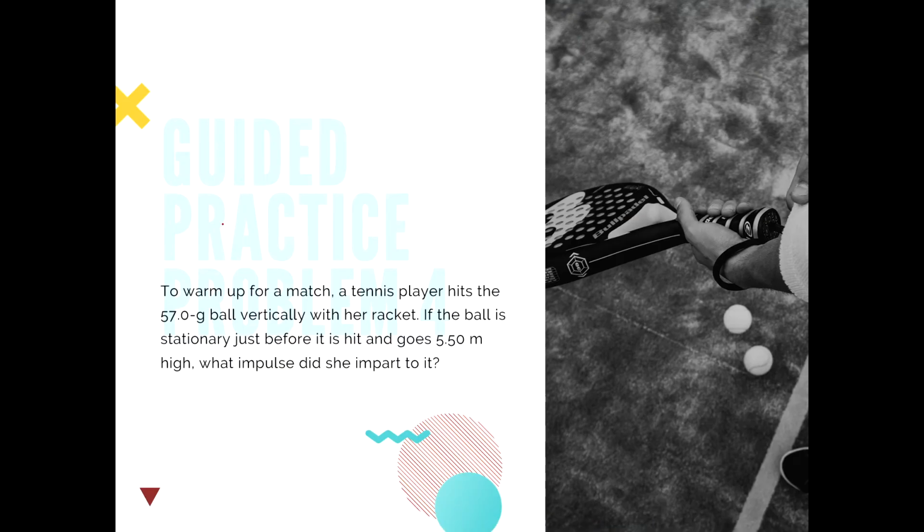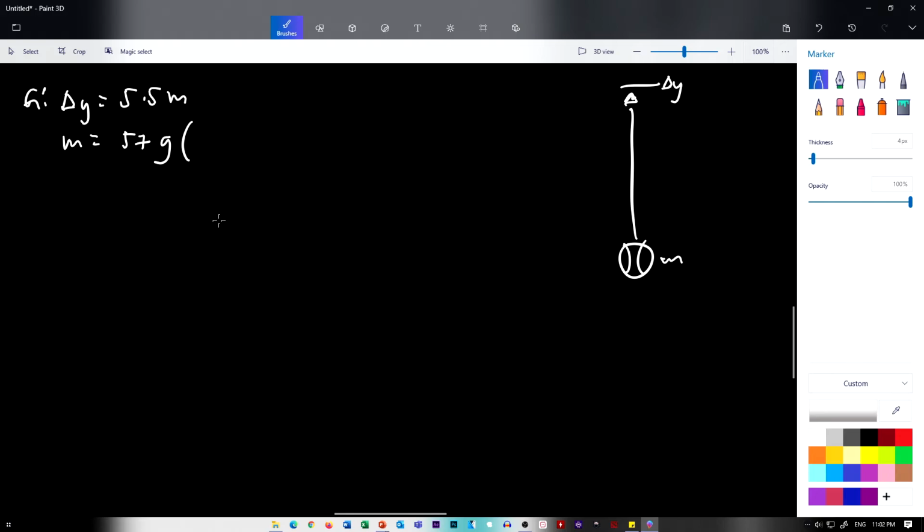So let's convert this to SI, no? This is 1000 grams, 1 kg. Cancel. So that's 57 divided by 1000. What's that? 0.057, correct? Let's check. But of course that's correct.